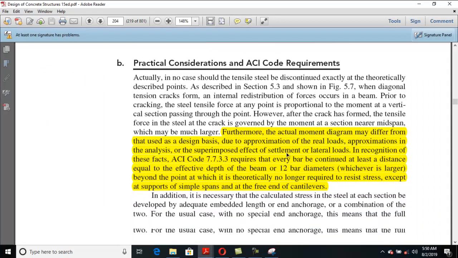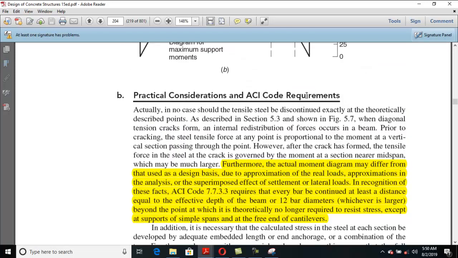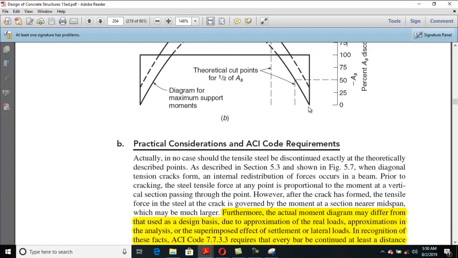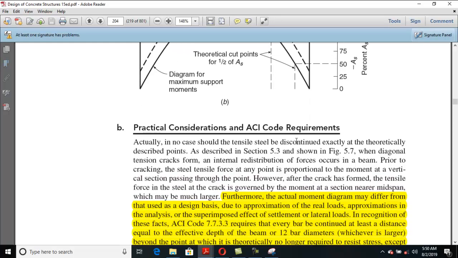Some practical considerations we basically use whenever we are calculating the theoretical cutoff points. So now we are moving towards our actual cutoff points. Up to this point, we were basically concerned with theoretical cutoff points. Now we are approaching our actual cutoff points.